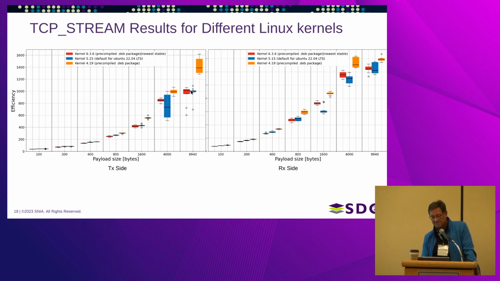And we see some interesting effects for the old kernel 4.19, where all of a sudden the efficiency seems to be much higher for larger messages than for other Linux kernel versions. Same thing here on the receiving side, okay? So takeaway is TCP is a protocol which creates quite some burden on modern CPUs.